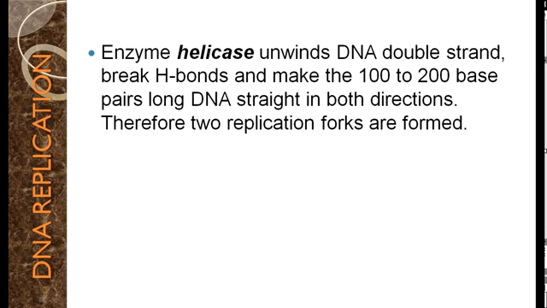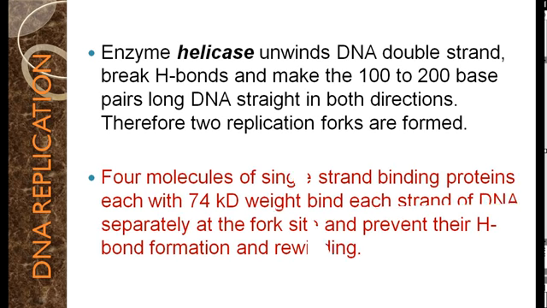So to stop the rewinding of DNA, the formation of hydrogen bonds again between the two strands, single strand binding proteins, each protein having molecular weight 74 kilodalton, bind to each strand separately.